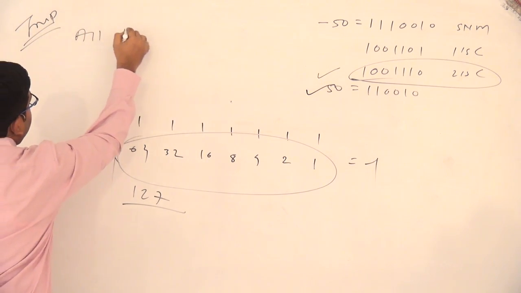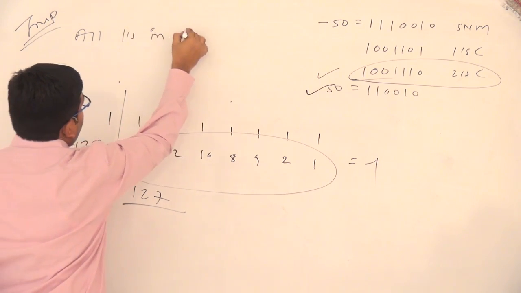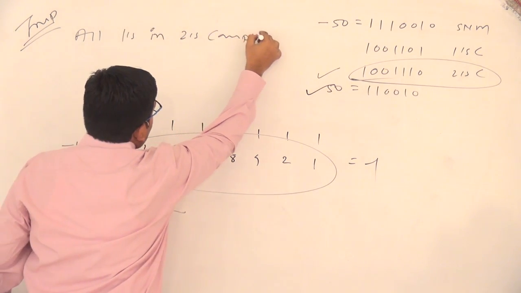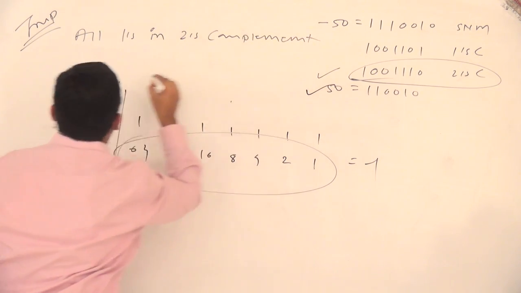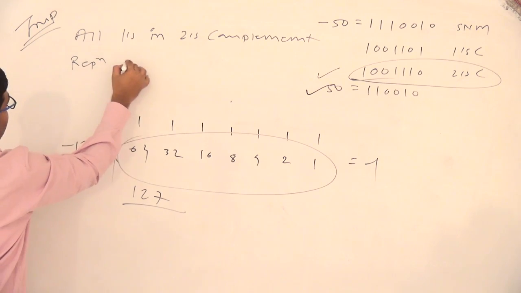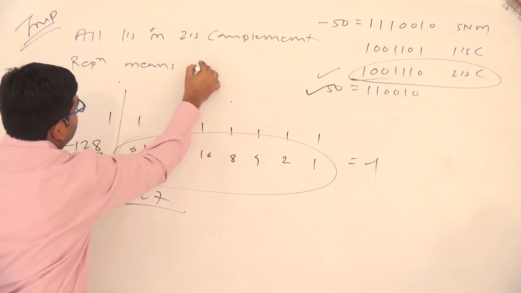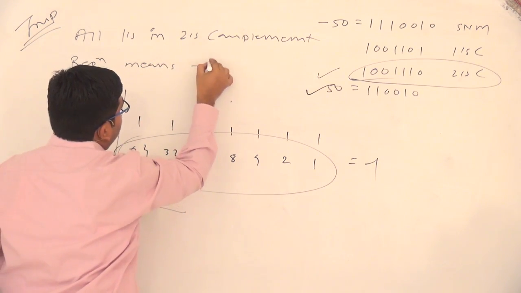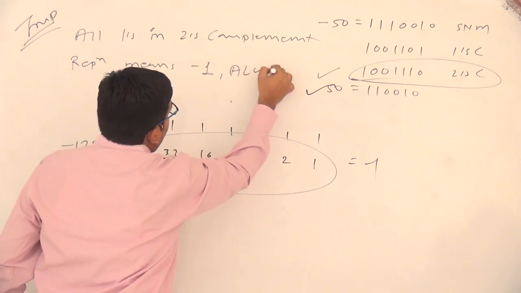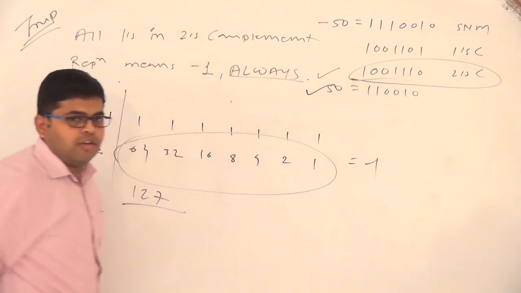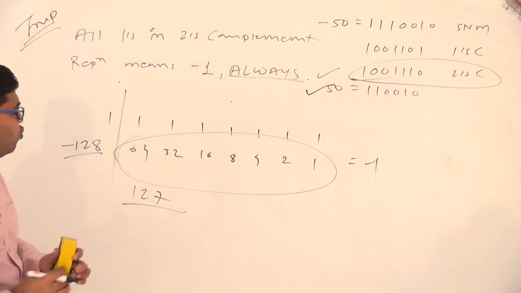All ones in 2's complement representation means minus 1 always. Fine. And this is how it is going to work.